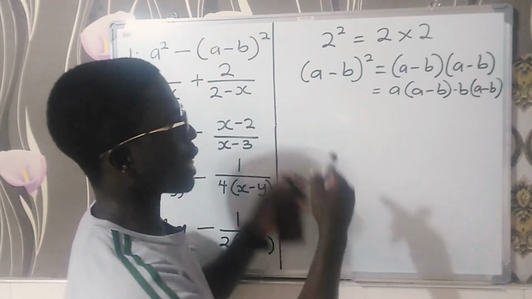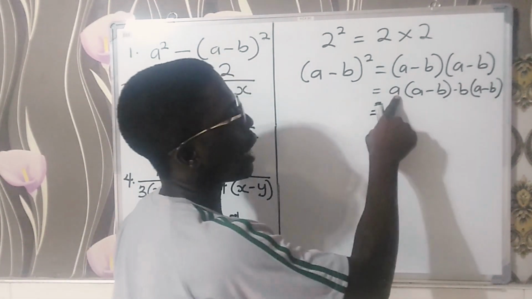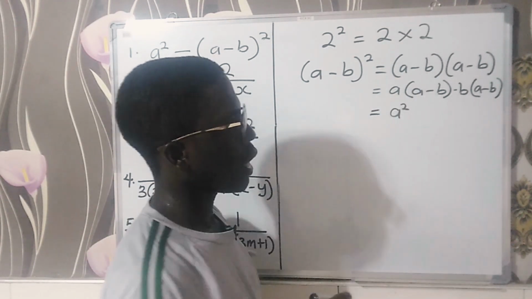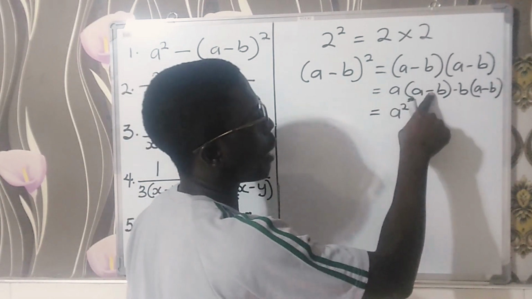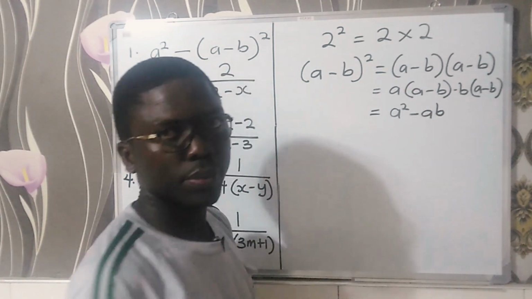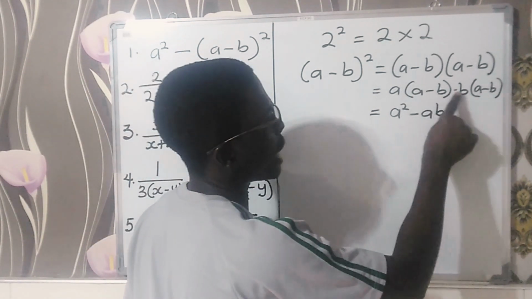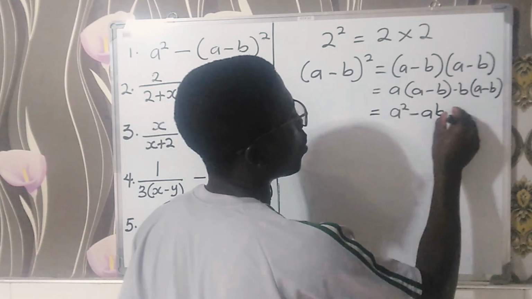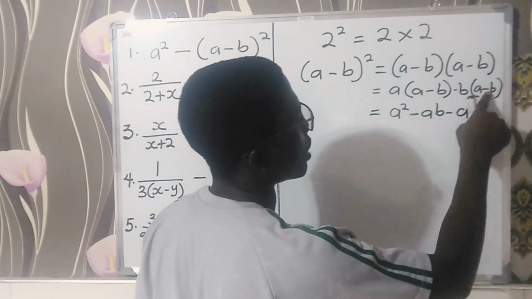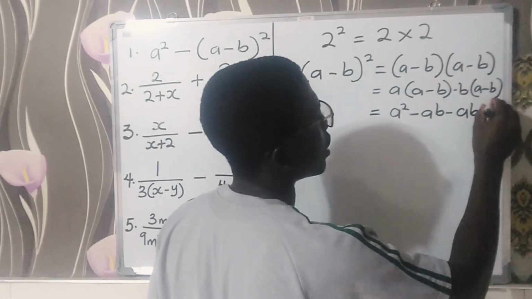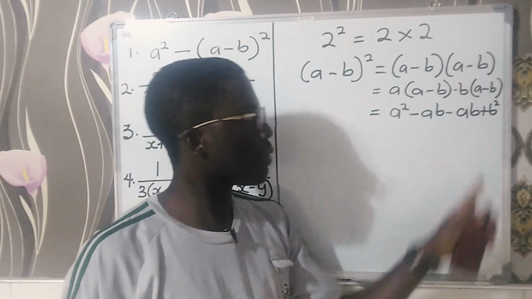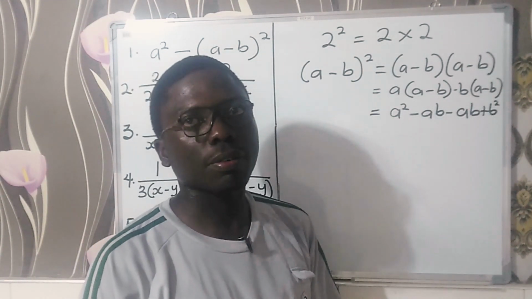Now with our expansion, we know a multiplying a will be a square, and then a times minus b will be minus ab, and then our minus b times a will also be minus ab, and then our minus b times our minus b will be plus b squared, because negative times negative is positive.